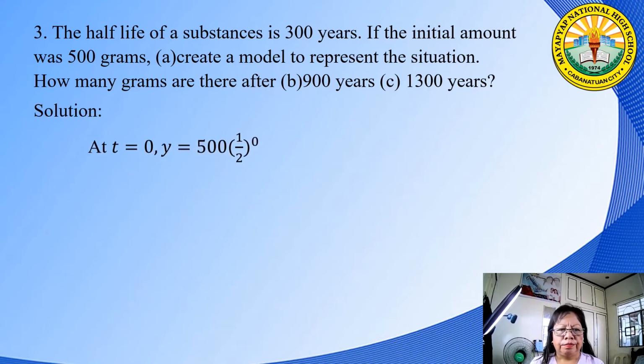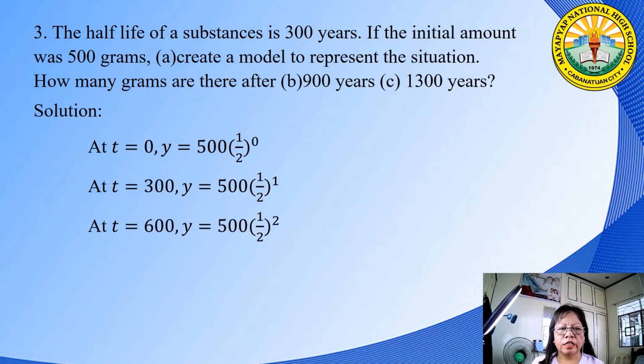So at t equals 0, y equals 500 multiplied by 1/2 raised to 0. At t equals 300, y equals 500 times 1/2 raised to the first power. At t equals 600, y equals 500 times 1/2 raised to the second power.